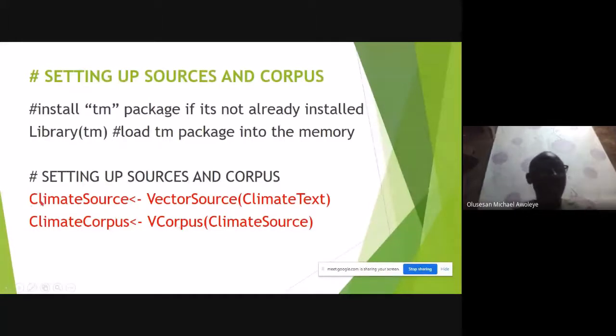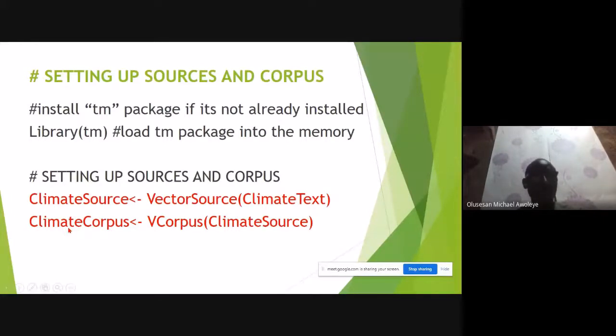Just bring that file here, put it in here, and VCorpus will put it in a corpus and store it in this particular object. This is the object we'll be dealing with until we get to the final end.